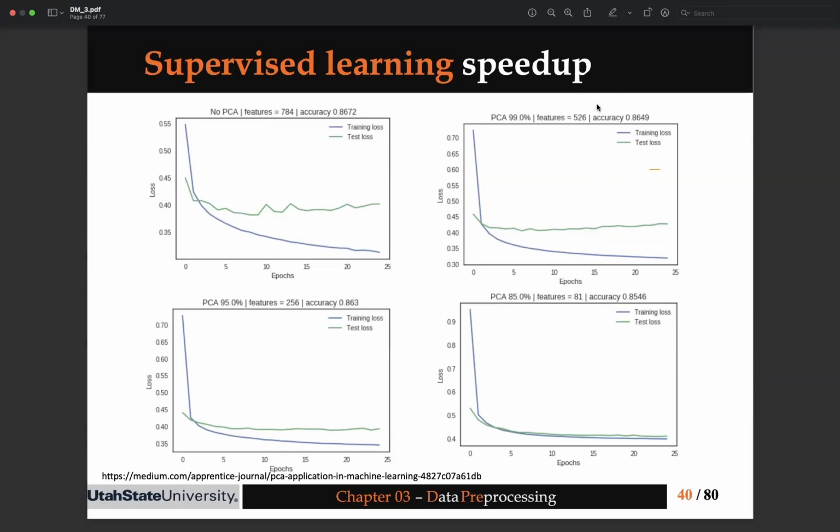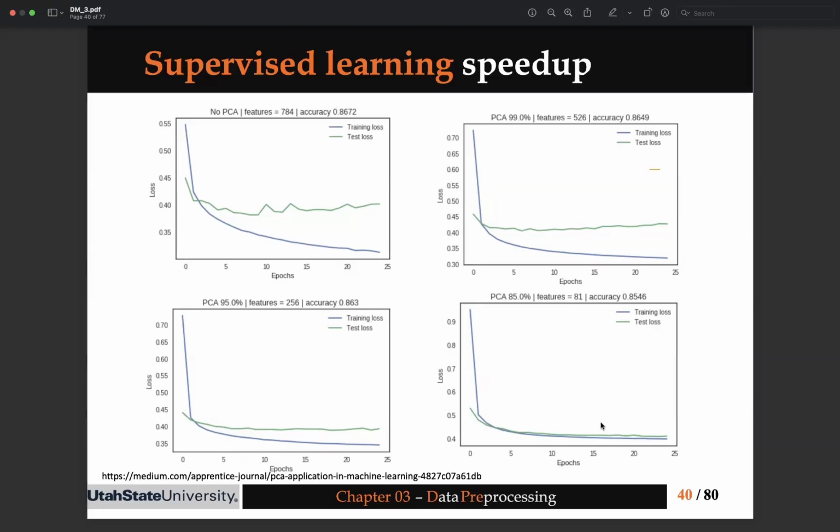But look at the features. The features have been almost halved from the beginning, right? It's only 256 features compared to 526 when we use 99% PCA, and way less than half of the original features without PCA. So I am converging almost the same way using the original space versus the reduced space.